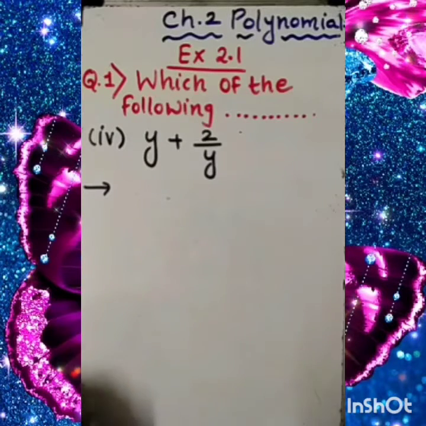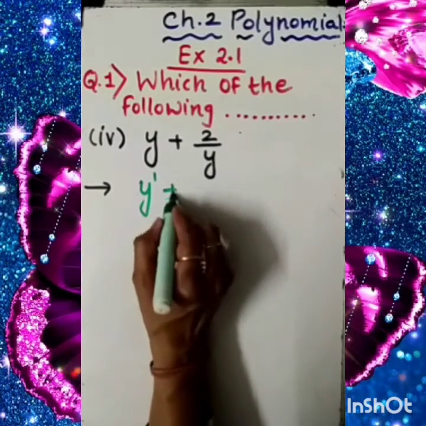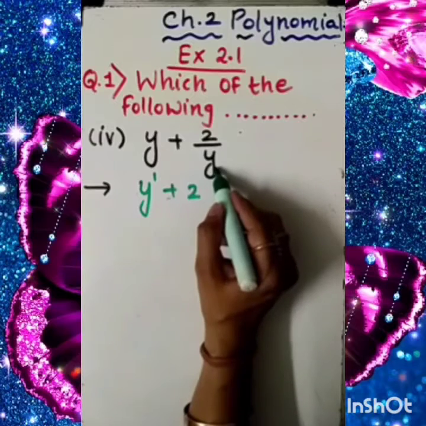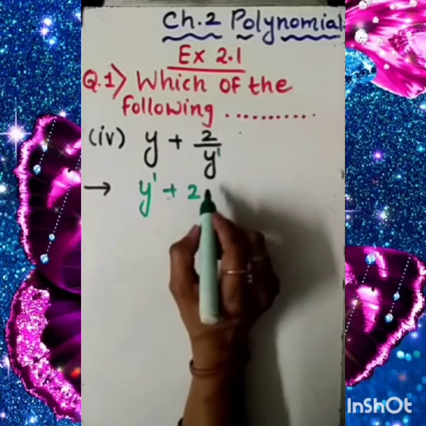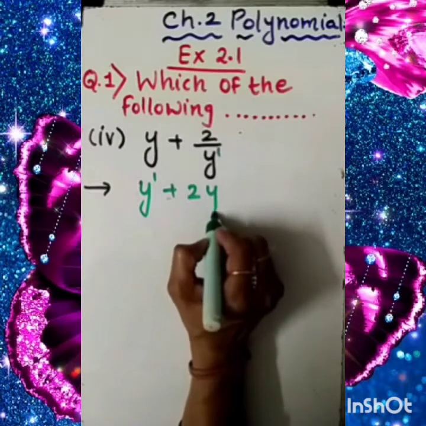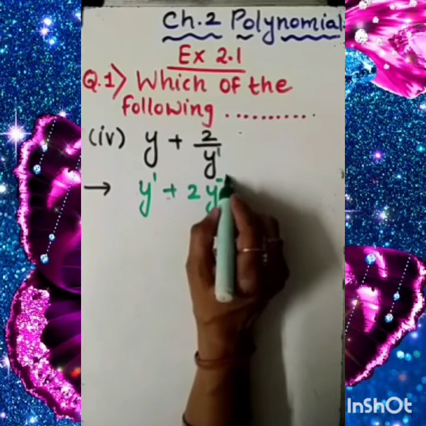This y variable has 1 power. But 2 is here and this y is in the denominator. It also has 1 power but it is in the denominator. If I bring it to the numerator, the power will be negative.